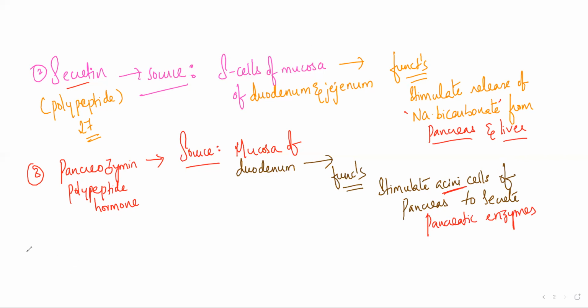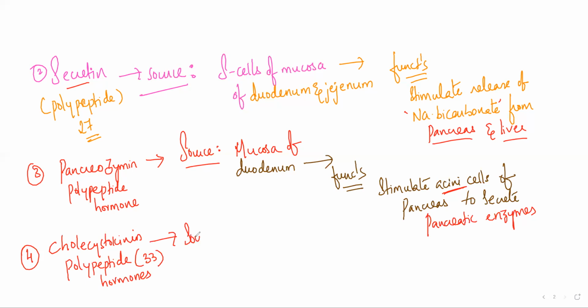Okay, now the next one that we are going to have is cholecystokinin. This is also a gastrointestinal polypeptide hormone made up of amino acids. It's actually made up of 33 amino acids.